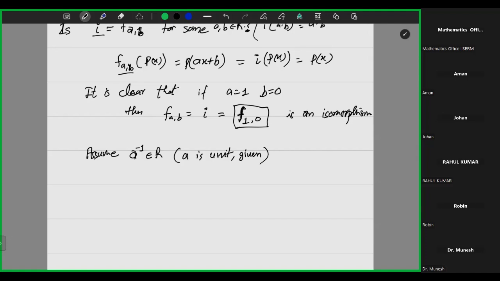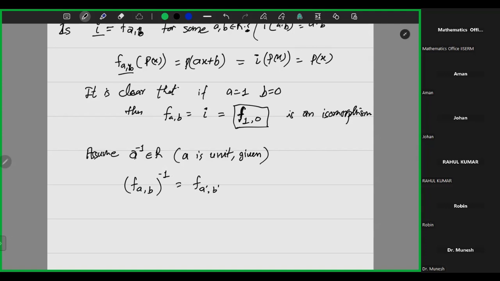So we have a inverse, and now we want to calculate the inverse of f_{a,b}. f_{a,b} is some ring homomorphism. Let its inverse be of the same kind, f_{a',b'} for some a', b'.